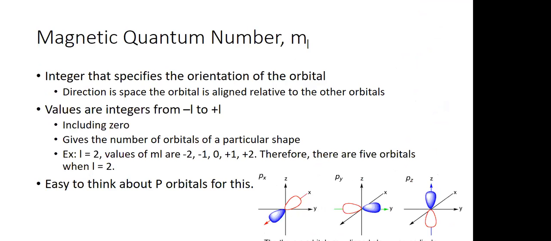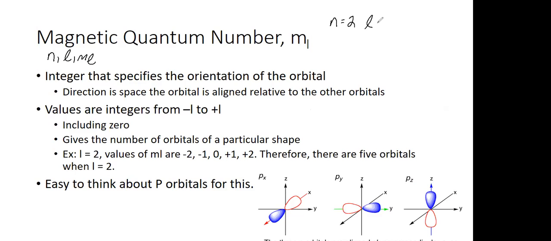Yeah, the next quantum number we have is called m sub L, right? So this is our third quantum number. We had N, we had L, now we have m sub L. M sub L, or ML, is what orientation your orbital is in, right? And the value is minus L to L. So let's say that you were an electron in the second energy level.